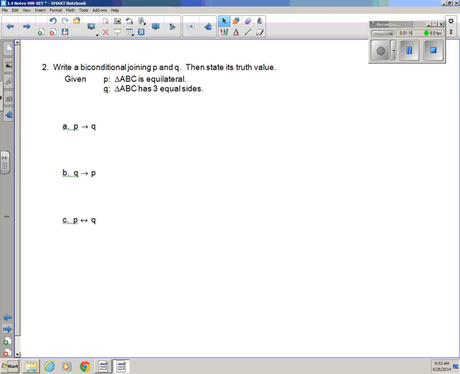So the way this works is you're going to write the biconditional joining P and Q, and we're going to state the truth value, but we're going to do it piecemeal, right? So the first thing we're going to do is write the basic conditional, the statement if P then Q, and you've got those statements up top.